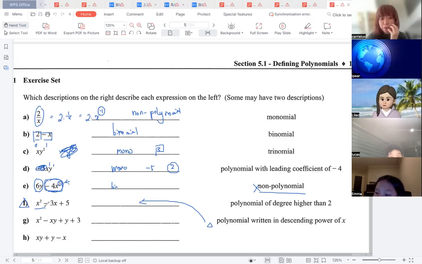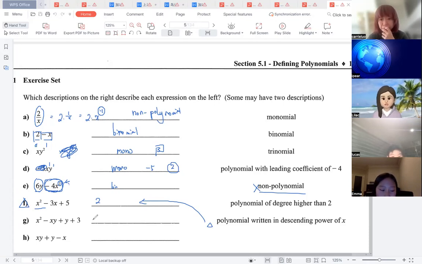So the number F, the leading degree is 2. Okay, so next one, Lucas, can you tell me for the number G, what is this one? Is it also a polynomial written in descending power of x?